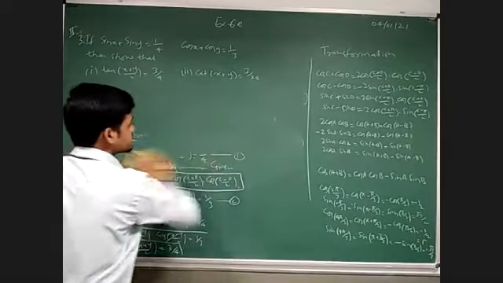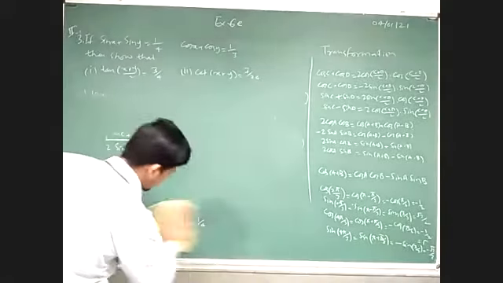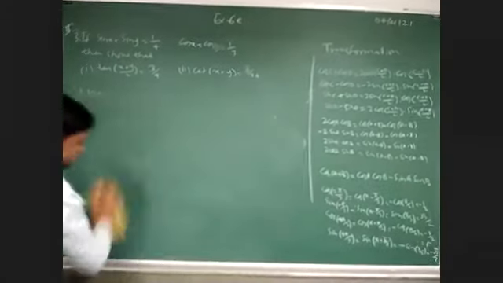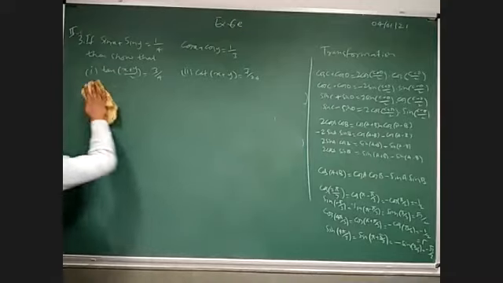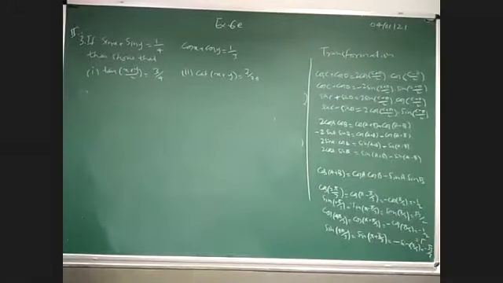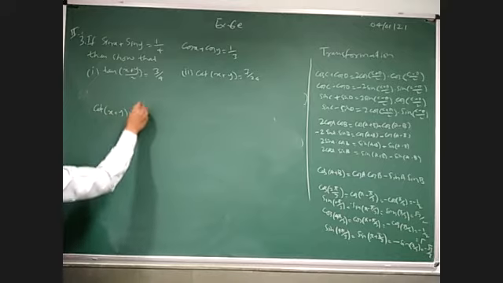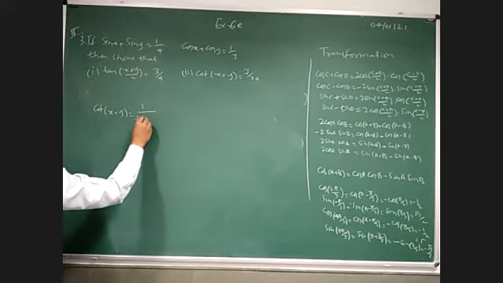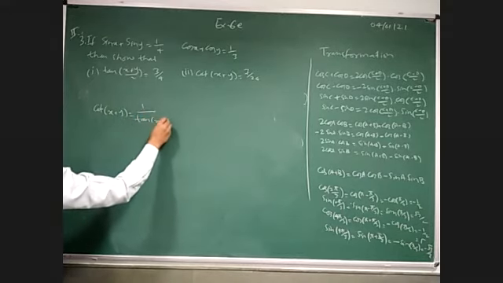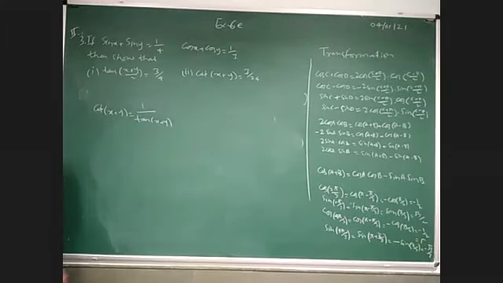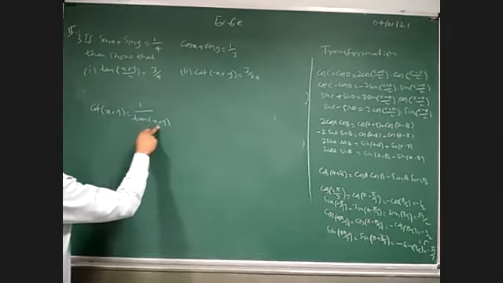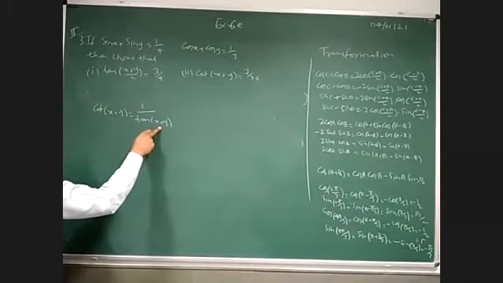Now, the second part of this question will be homework. Here I'm just going to tell you something. I know cot(x plus y) will be 1 by tan(x plus y).